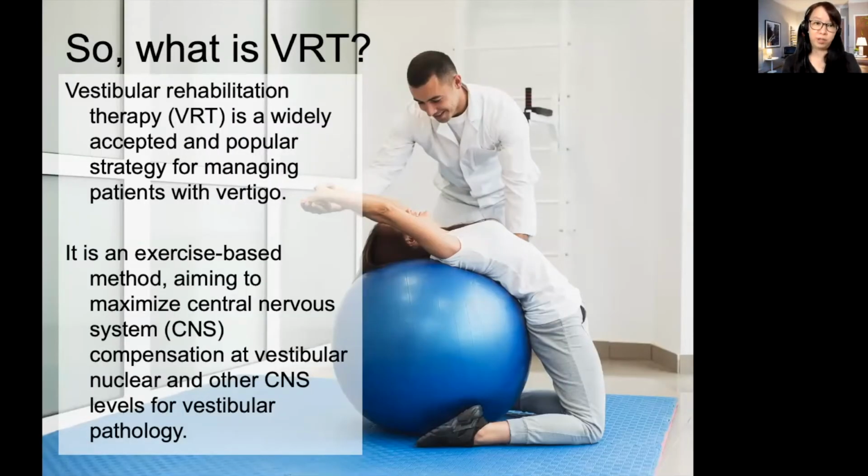So what is VRT? VRT is a widely accepted and popular strategy for managing patients with vertigo. It's an exercise-based method, so no medication involved, aiming to maximize central nervous system compensation at vestibular nuclear and other CNS levels for vestibular pathology.